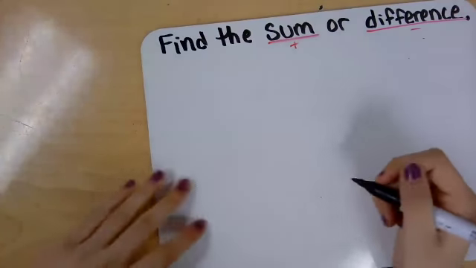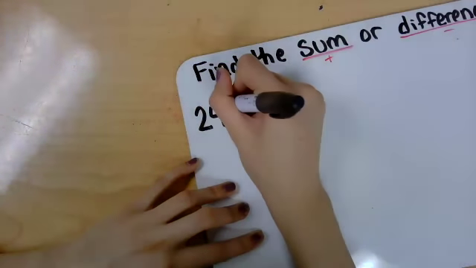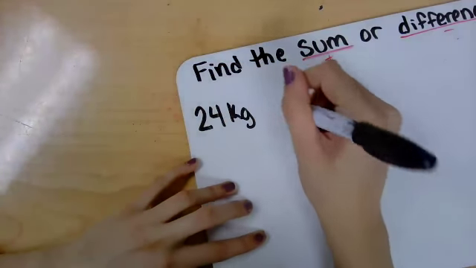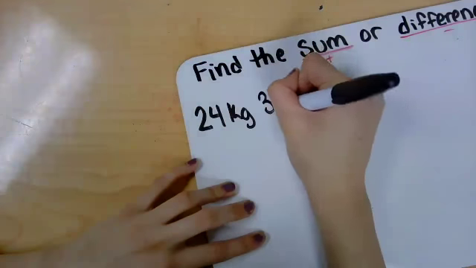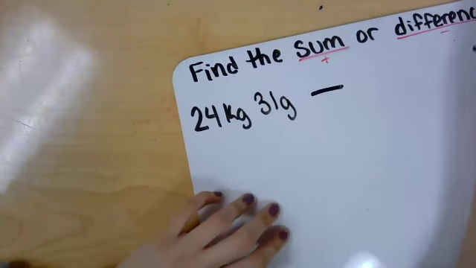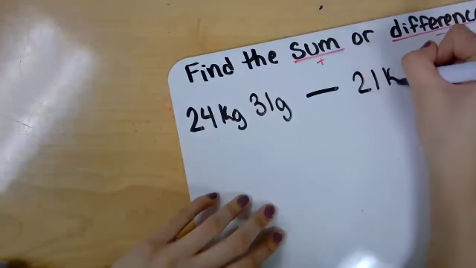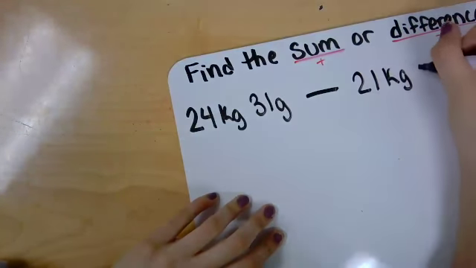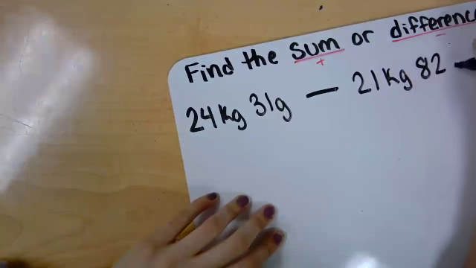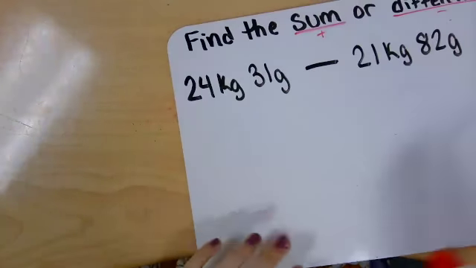Okay, so we will do 24 kilograms, 31 grams, minus, so we're finding the difference this time, 21 kilograms and 82 grams. Okay, so let's take it one side at a time.